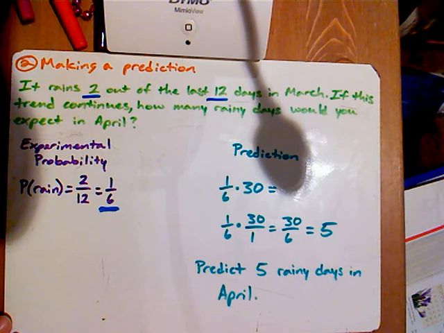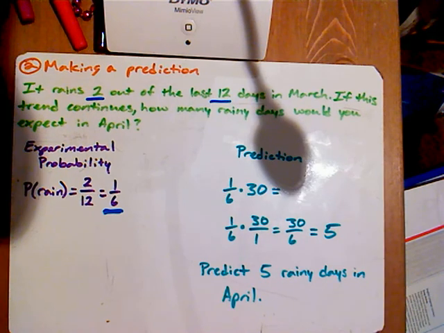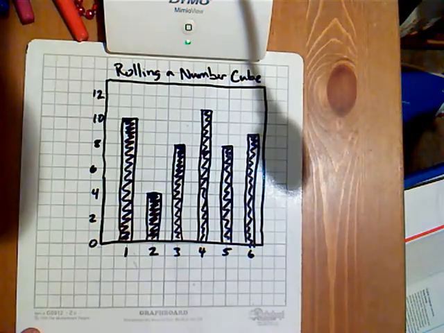So last, we're going to be looking at comparing experimental and theoretical probability. So we have a bar graph, and our bar graph is looking at rolling a number cube.